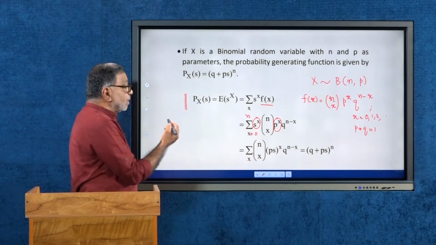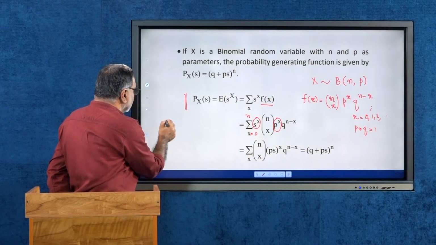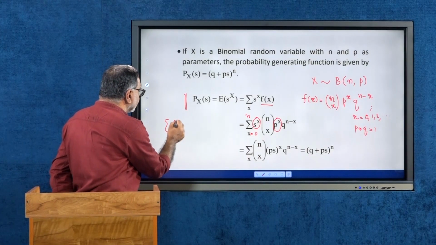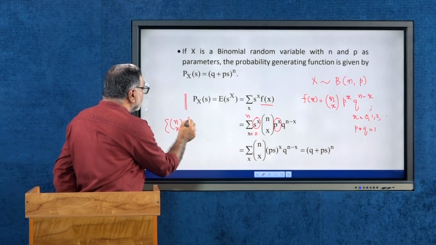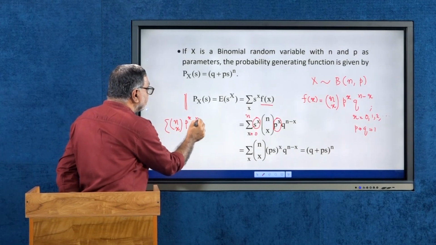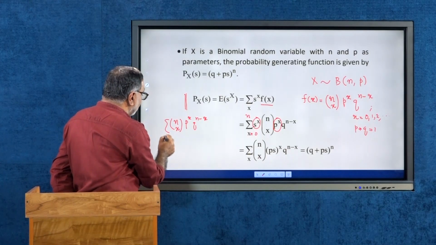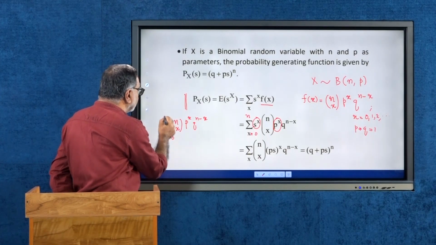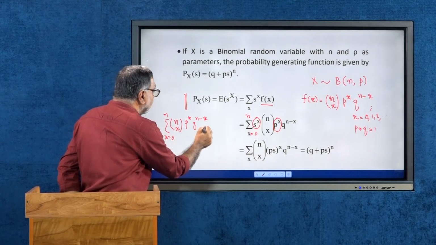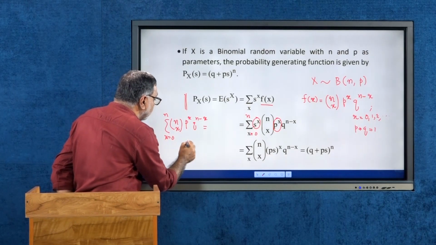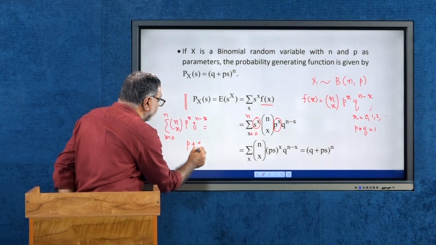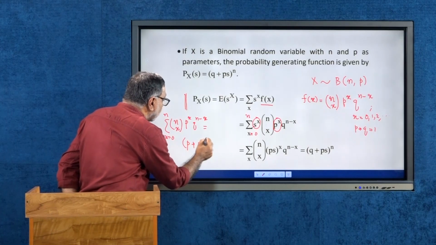Earlier we had the sum of n C x p power x q power n minus x, that is the sum of binomial probabilities. Earlier we obtained this value as 1, and that is equal to (p plus q) all power n.